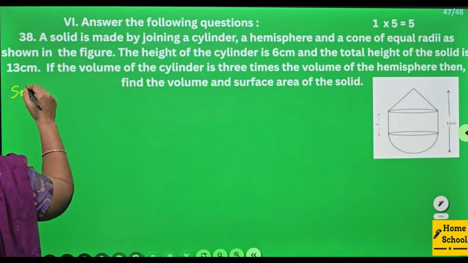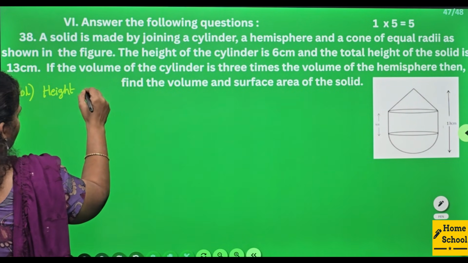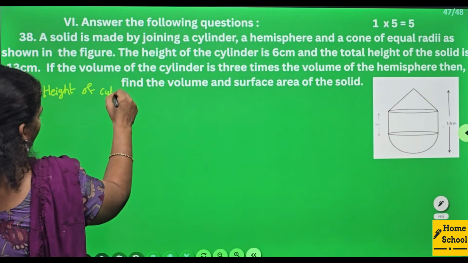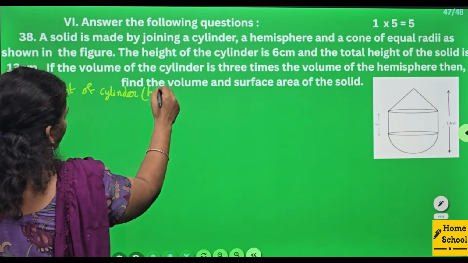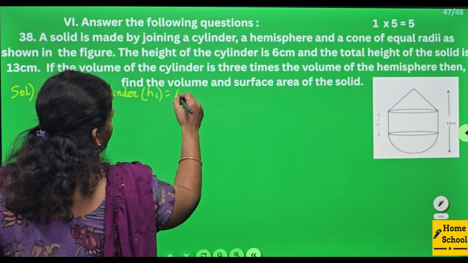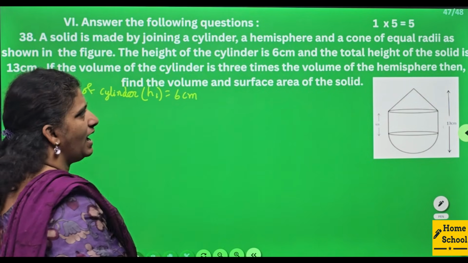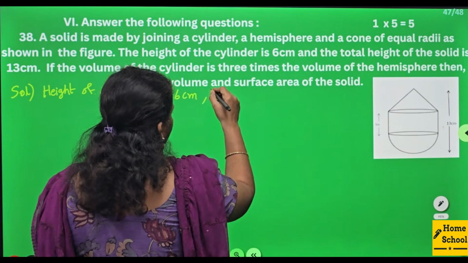Let me write here. Height of the cylinder. You need to write all verbal statements properly, children. I'll take height of the cylinder as H1 is equal to 6 centimeters. And the total height of the solid is 13 centimeters.